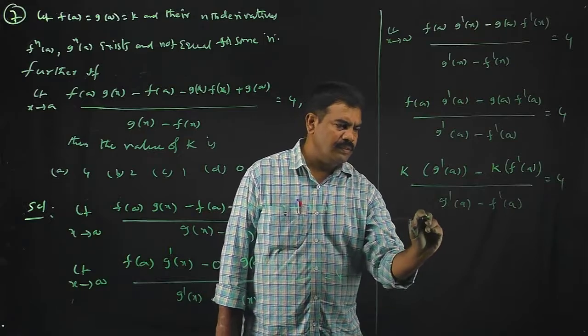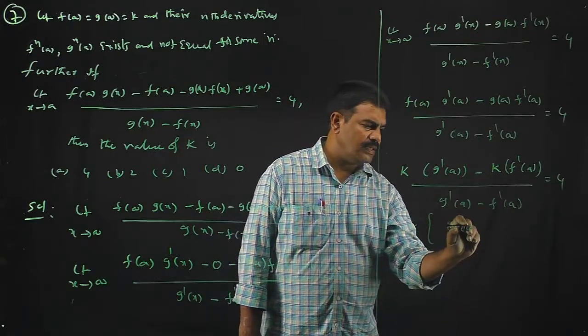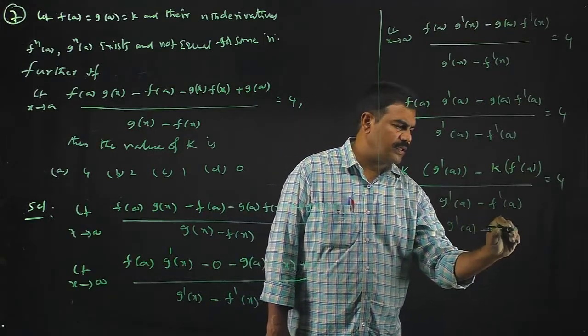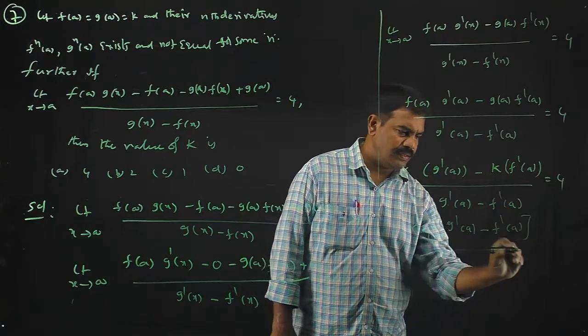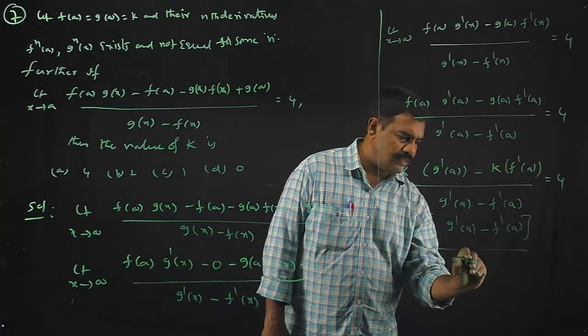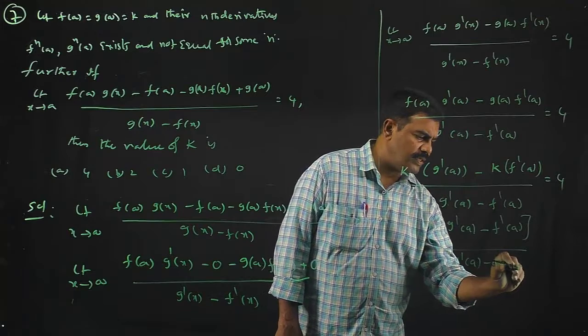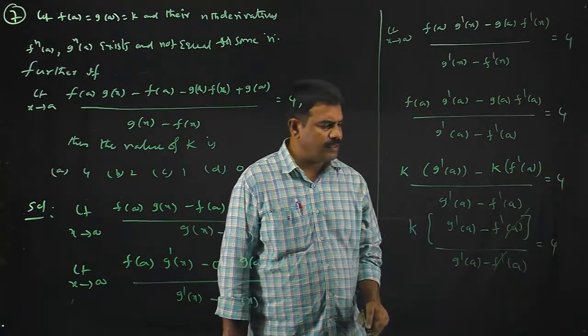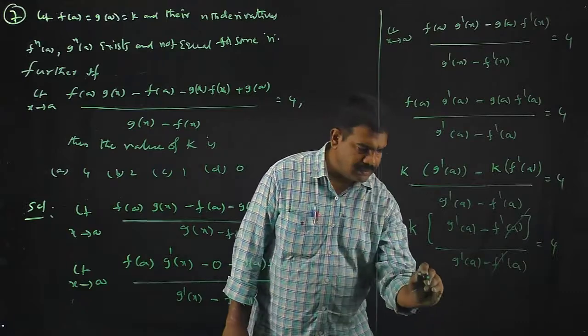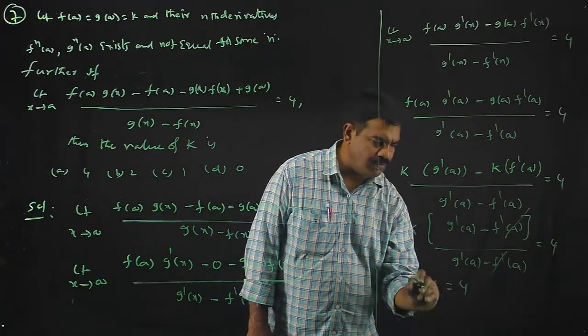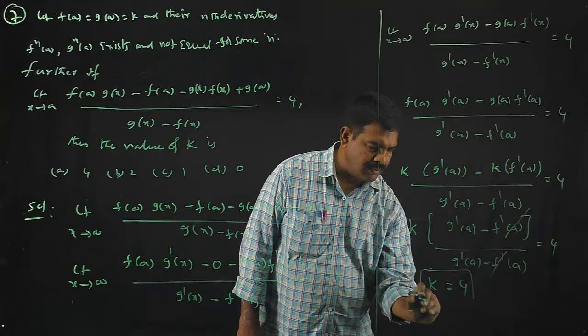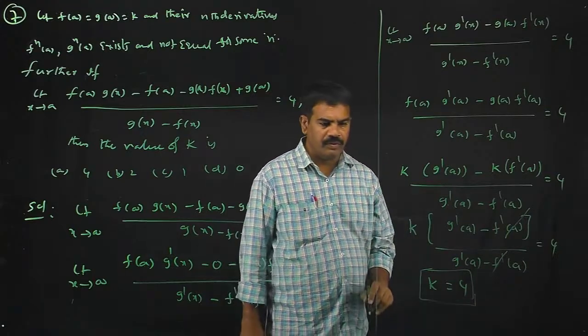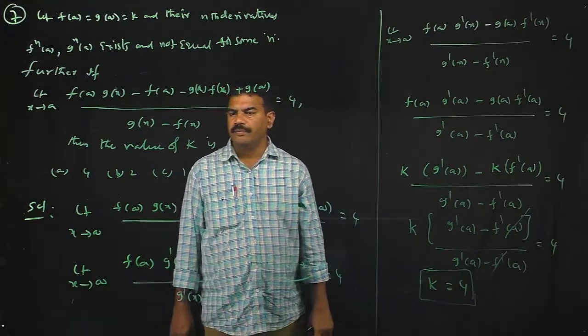K is common: k into (g dash a minus f dash a) by (g dash a minus f dash a) is equal to 4. Both numerator and denominator are cancelled. That is k is equal to 4. The value of k is 4. We get the option A.